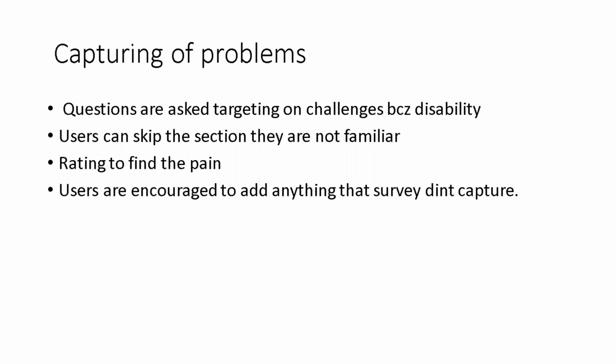Each of the problems they have encountered, they are given an opportunity to rate. We also gave a section where people are encouraged to add more information if we haven't captured a question and they think it is important. And we did get some responses from the end users as well.